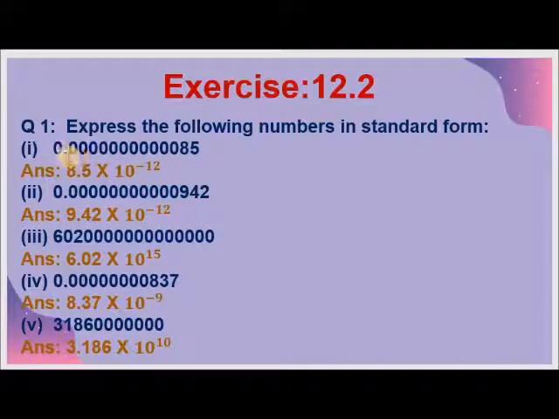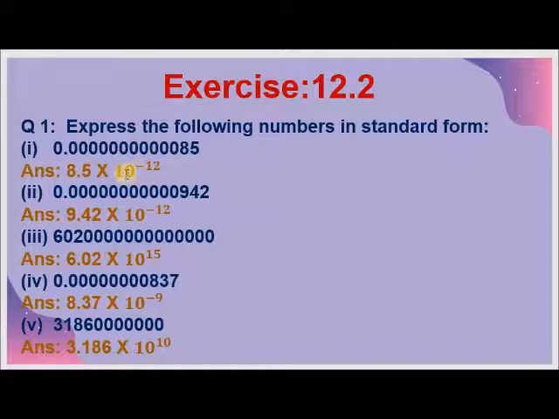So we will shift our decimal point after 8, and if we count the digits after the decimal point till 8, these are 12. When we shift our decimal point towards our right side, our exponent is negative. So here we will write it as 8.5 multiplied by 10 raised to the power minus 12.